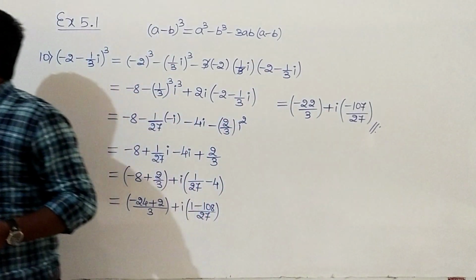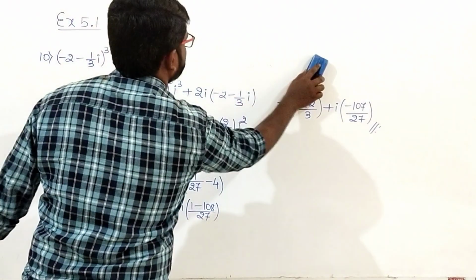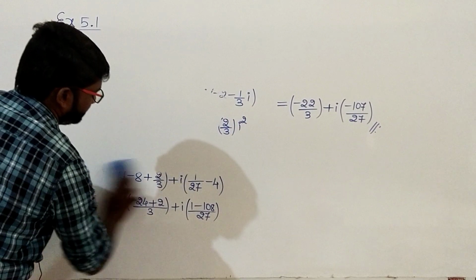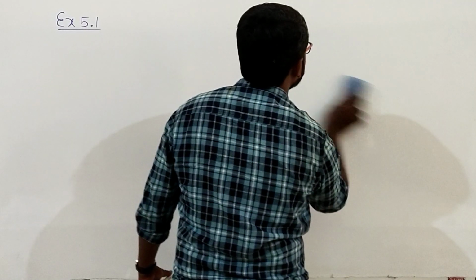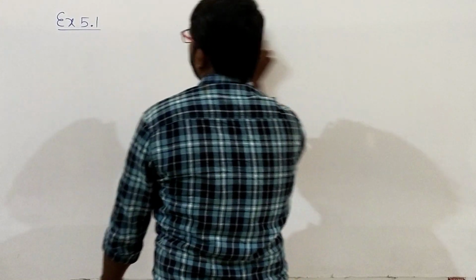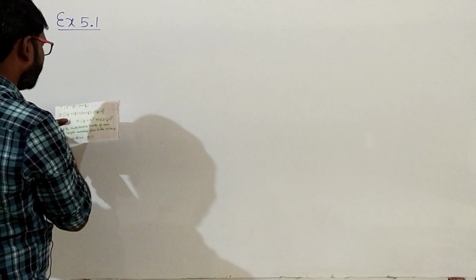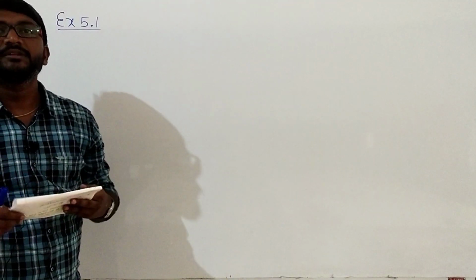So now we are moving on to the next question. Write the next main question. Find the multiplicative inverse of each of the complex numbers given in exercises 11 to 13. So we have to find the multiplicative inverse.